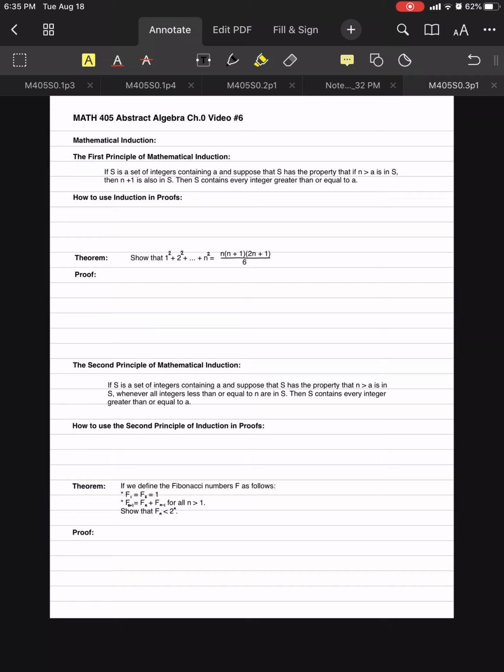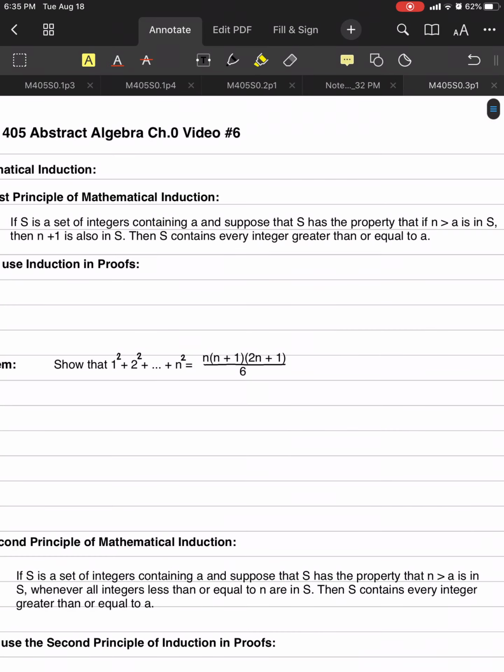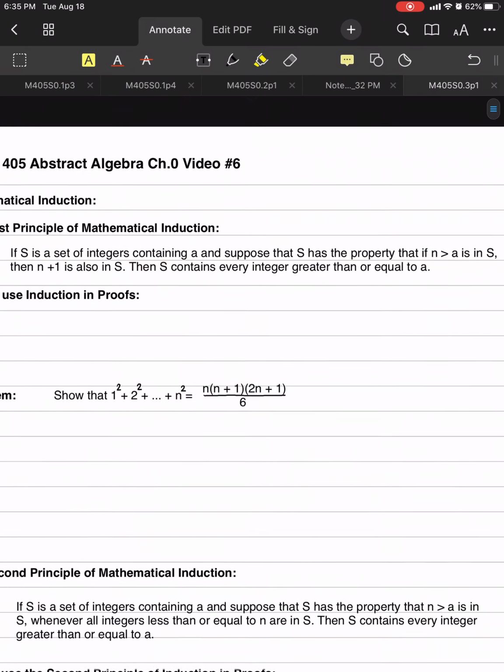And there's also the second principle of mathematical induction, which is slightly different, and we'll work on that one as well. Okay, so let's go ahead and read the first principle of mathematical induction, which is up here.